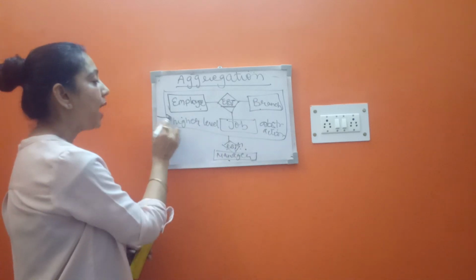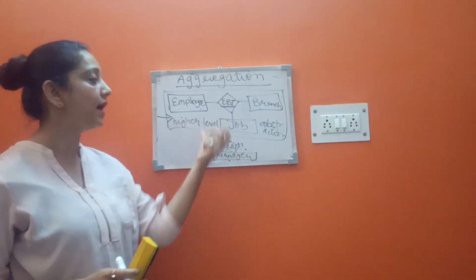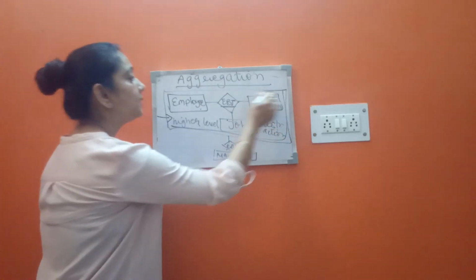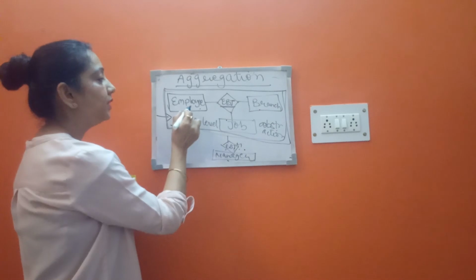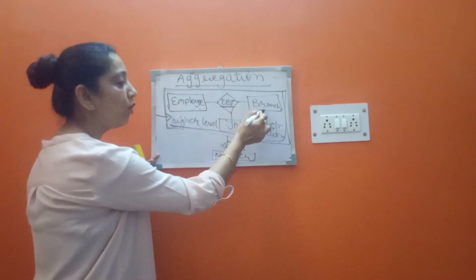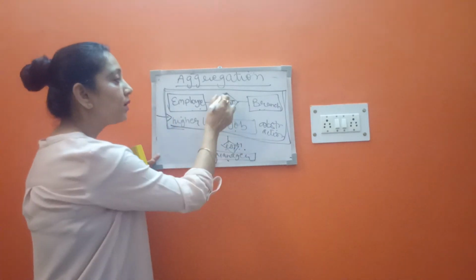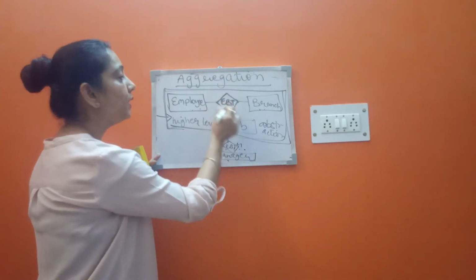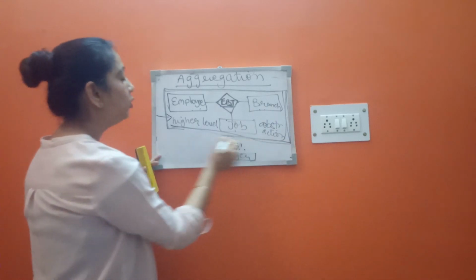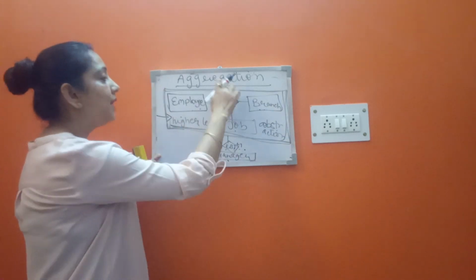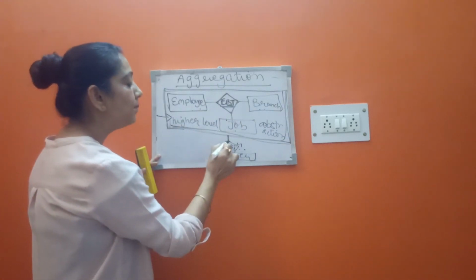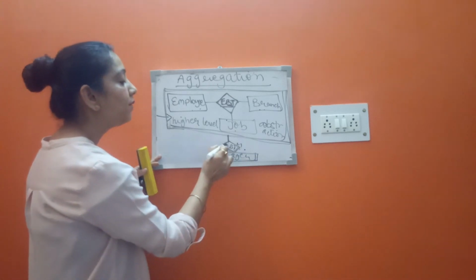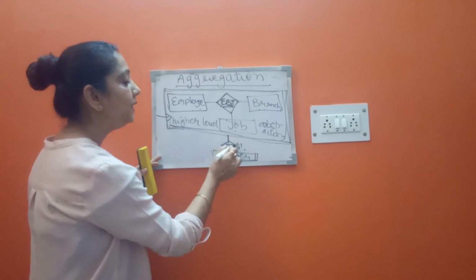As I told you, aggregation basically provides a higher level abstraction. This is the concept of higher level abstraction. The relationship between employee, branch and job through the relationship EBJ is classified into a higher level abstraction, and then this total complete abstraction has a relationship with a single entity set, manager, which is depicted through relationship EBJM.